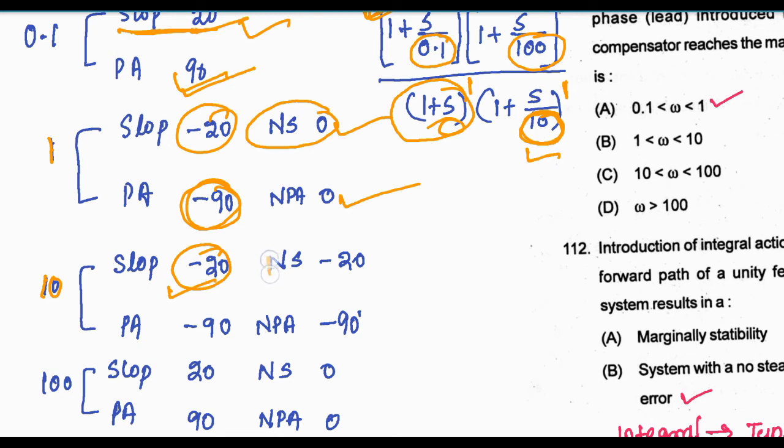The net slope is 0 plus minus 20, which will be minus 20. The net phase angle is 0 plus minus 90, which will be minus 90. Up to this point, the net slope is minus 20 and the net phase angle is minus 90.